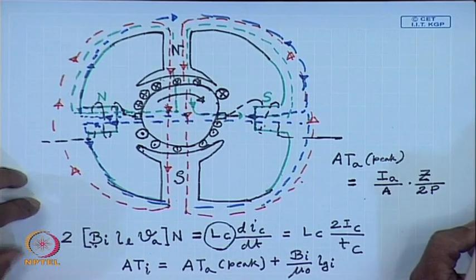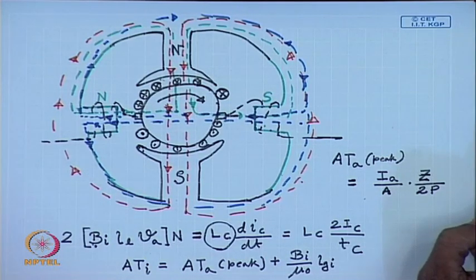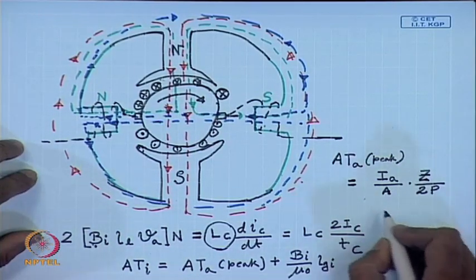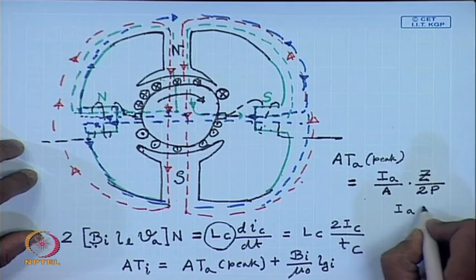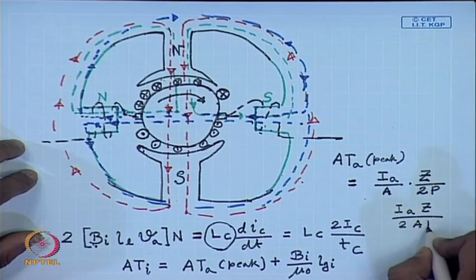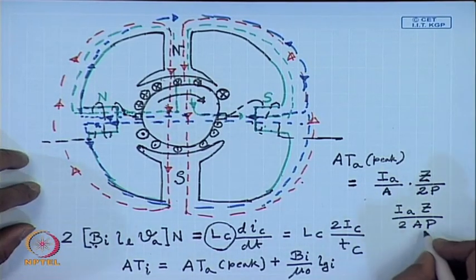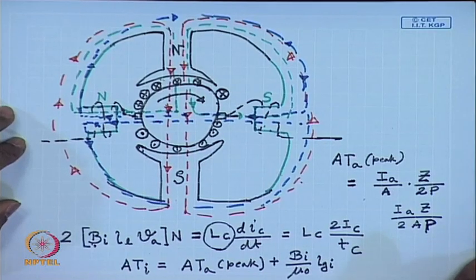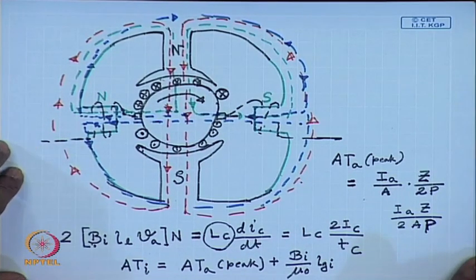So, the peak ampere turns is given by IA Z by 2 A P, from which we will be able to calculate the required ampere turns of the interpoles and the corresponding number of turns in the interpoles.